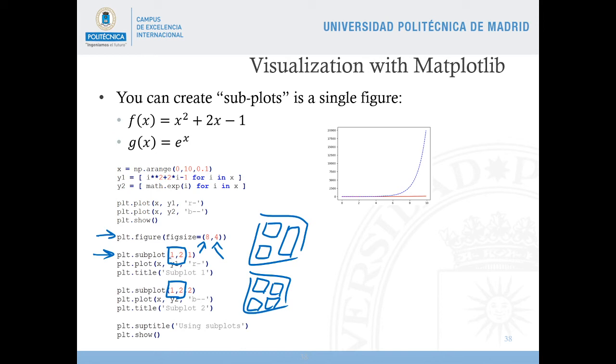In this case, we are saying that we have one row and two columns. And this is the position of the plot that we are going to specify now. The first one is this one, the second one is this one. If we are working with 4, this is first, second, third, fourth.